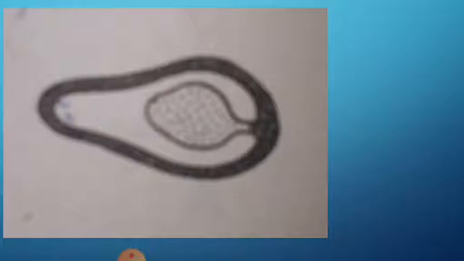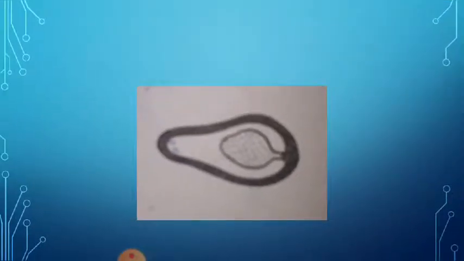The ovary is unilocular, one chambered. It means one or two rows of ovules are present in the wall of the ovary. Such a placentation is known as marginal placentation.